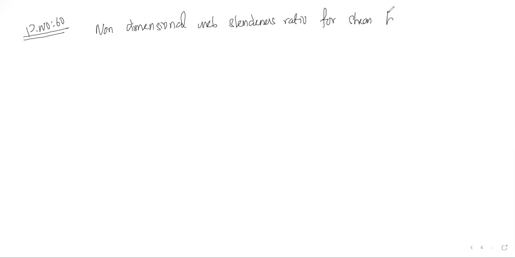Then I have another condition on page number 60: the non-dimensional web slenderness ratio for shear buckling stress.